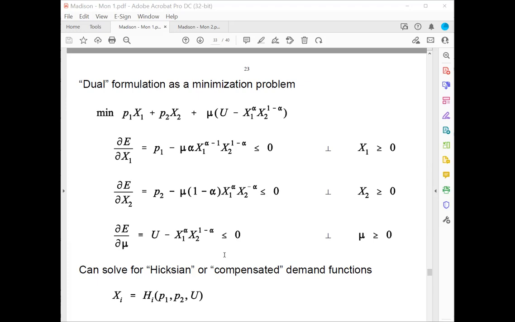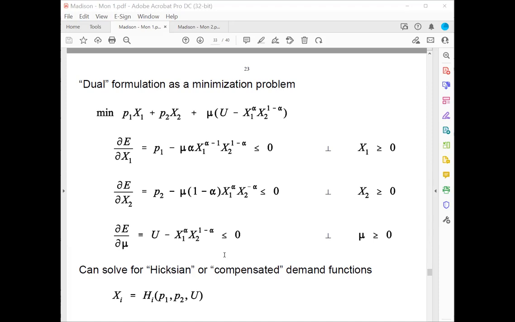So the Lagrangian multiplier then is multiplied by U minus the utility function. So this is a minimization problem. And again, there's three variables. And so the first order conditions are then given there.